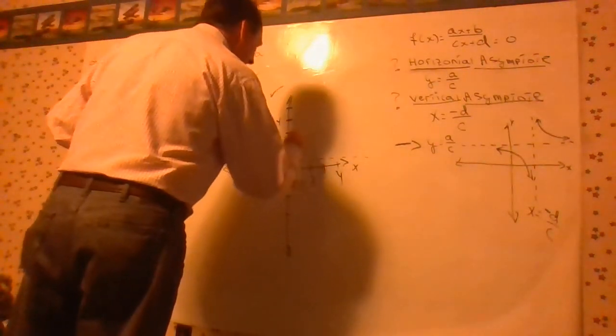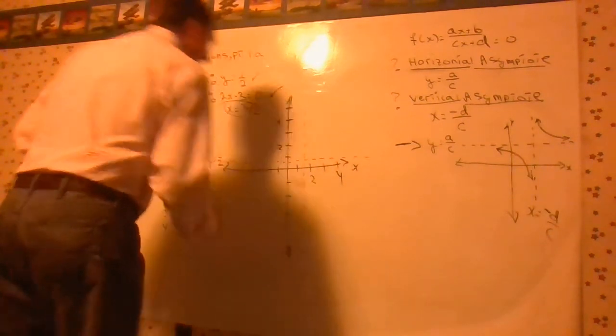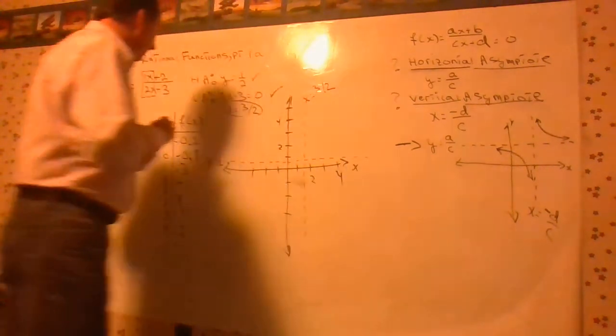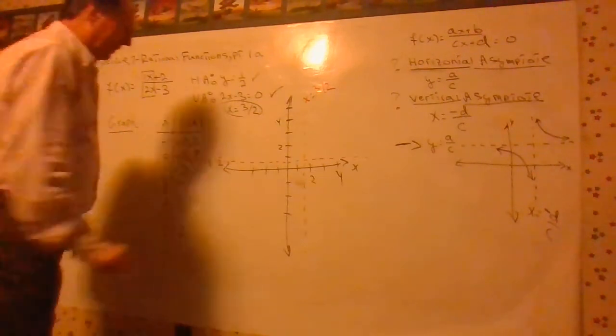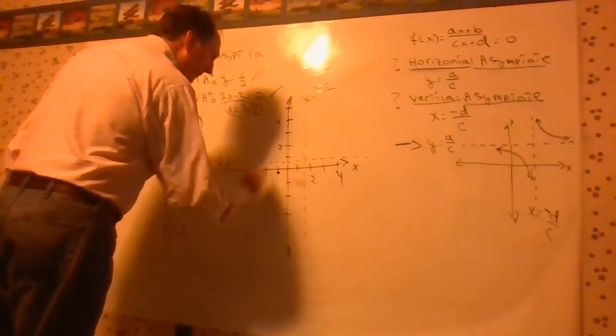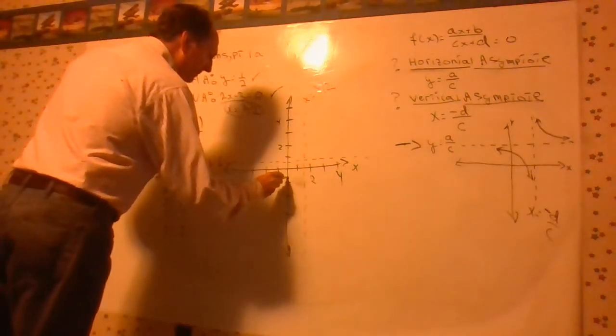That's right here. And then we're going to plot some points. At -1, we have -0.2. That's right about here. And at 0, we have -0.7.